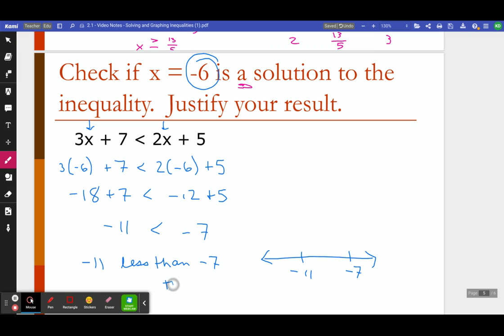So that is true. So the answer to our question, is it a solution? Our answer is yes. So we just want to make sure it makes the inequality true. In this case, they don't have to be the same. In fact, if they were the same, this would not be a true statement because negative 7 would not be less than negative 7. It has to make it true using that inequality symbol.